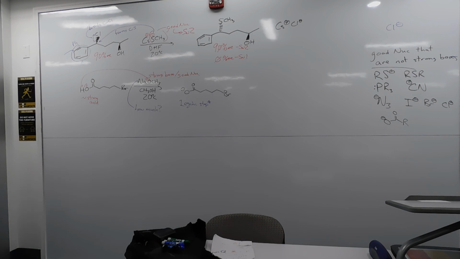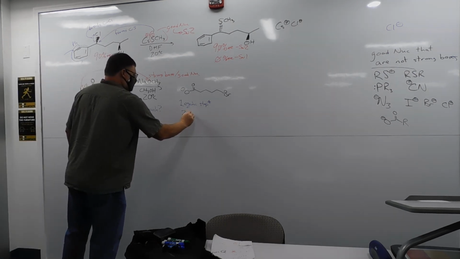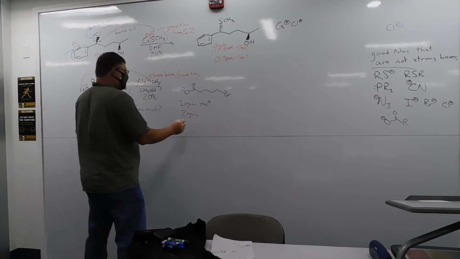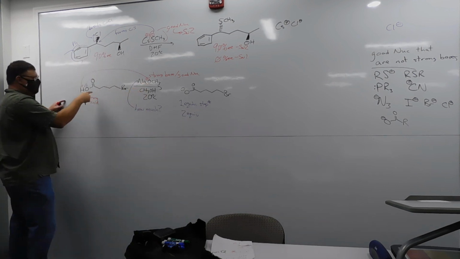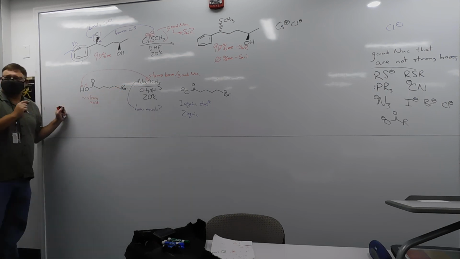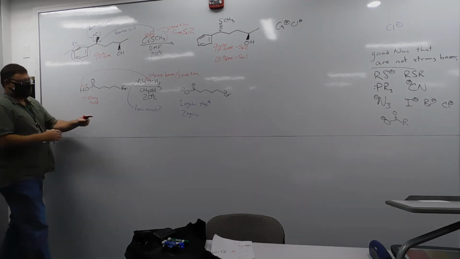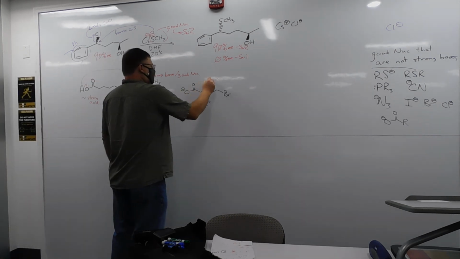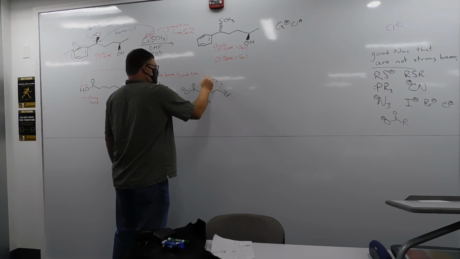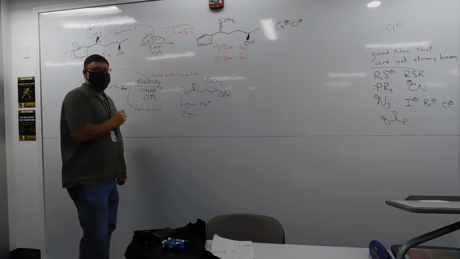But if we had two equivalents, then for every molecule of the bromo acid, a methoxide is consumed. So if we've got twice as much methoxide, then once we get to here, we still have one equivalent of methoxide that could do the SN2 on that bromo.